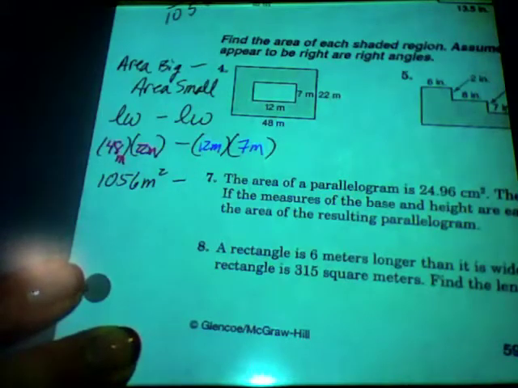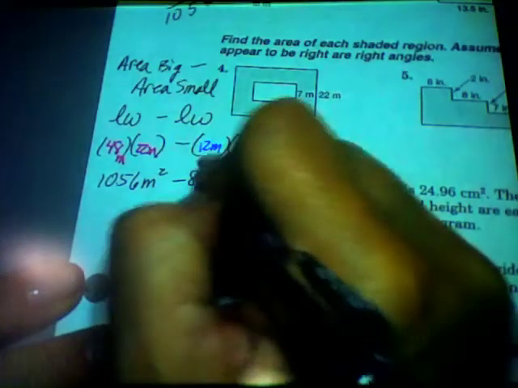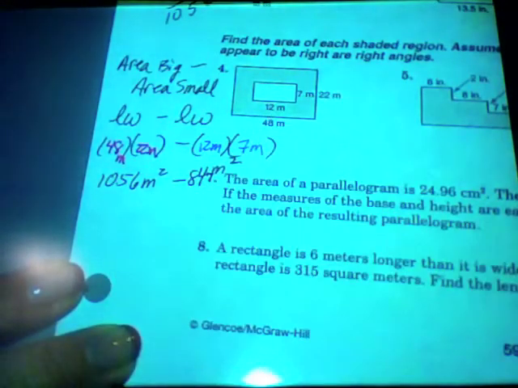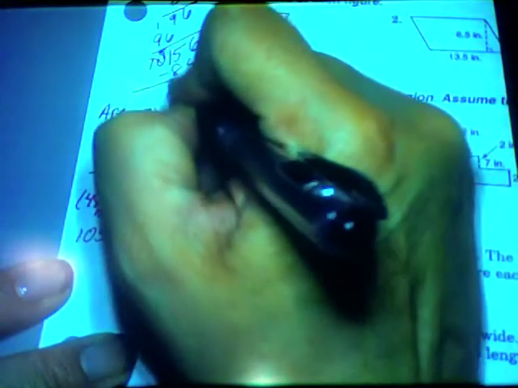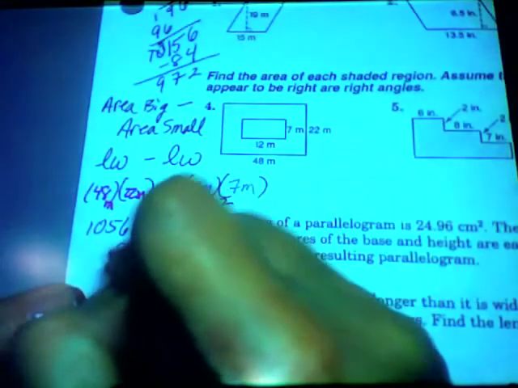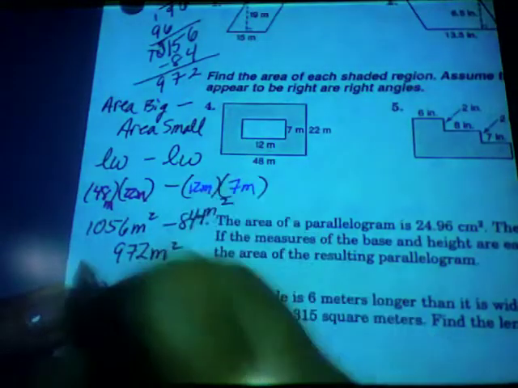What is it? 72, 64, none of which are correct. What's 7 times 12? There you go, we got 84. 84 meters squared. And so then I'm going to take my scratch work up here and subtract 84. So I get 972 meters squared is my area.